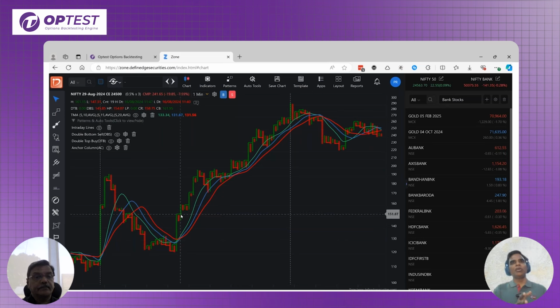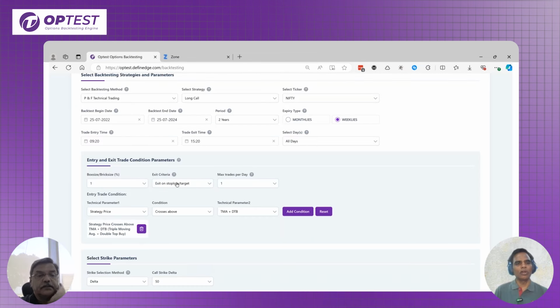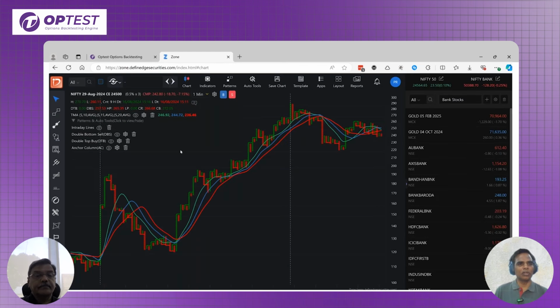For somebody who doesn't know, this is a signal that I'm indicating, and for somebody who knows, they already know what it means. So whenever this signal comes, we are going to buy that long call. Of course, now, is this chart a straddle chart or the call chart? Yes, this is a call chart.